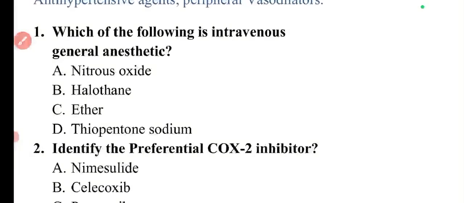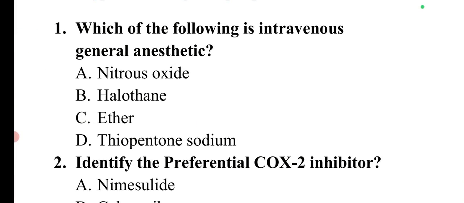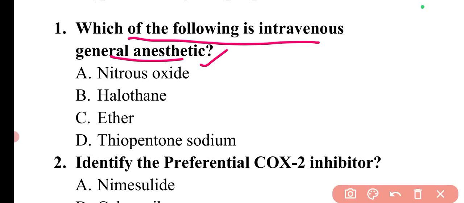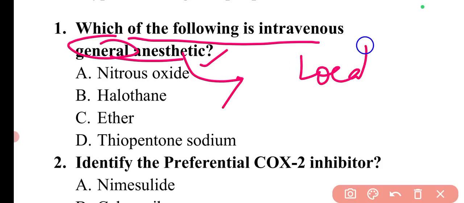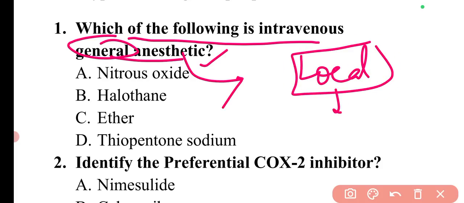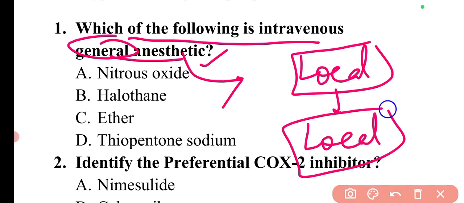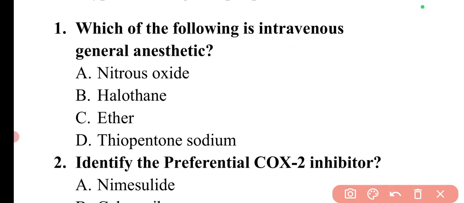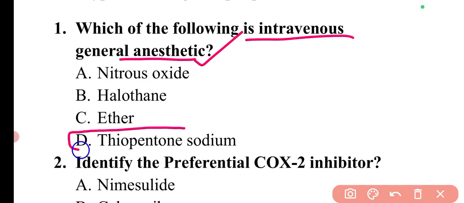Now we can start with the first question. Which of the following is an intravenous general anesthetic? Basically, what are general anesthetics? These anesthetize the whole body, while local anesthetics simply anesthetize a local part or a particular area of the body. Here the question is about intravenous general anesthetics, and the answer will be thiopentone sodium.